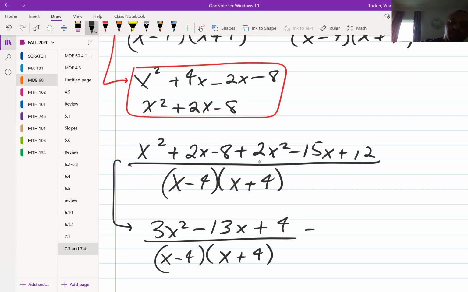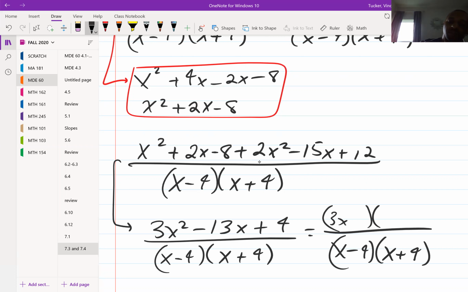And we have to ask ourselves, can we factor this out? I think we can. Let me see if I do 3x... So 3x times x, that'll be 12x, 1.